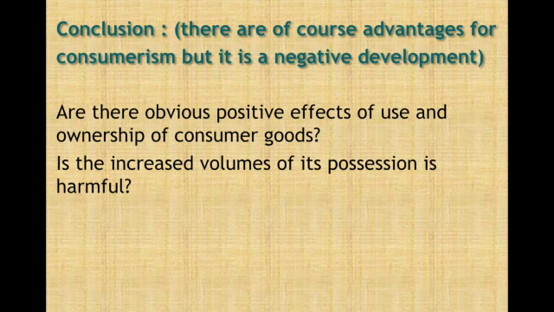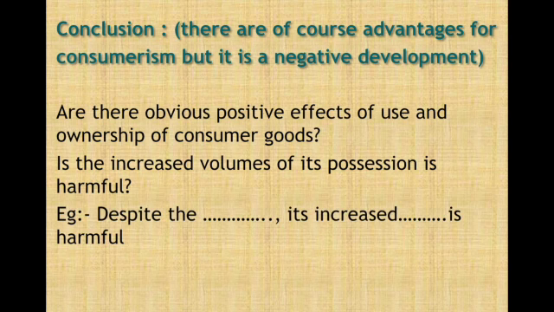So these are two sentences, or you can also construct one sentence by combining these two using the word despite. So if you use that word, you can say: despite the obvious positive effects of the use and ownership of consumer goods, its increased volume of possession is harmful. So by saying this, we can write the two sentences as one.